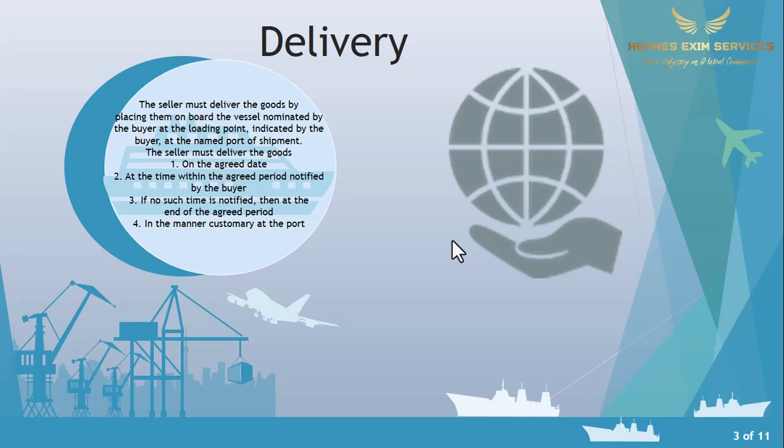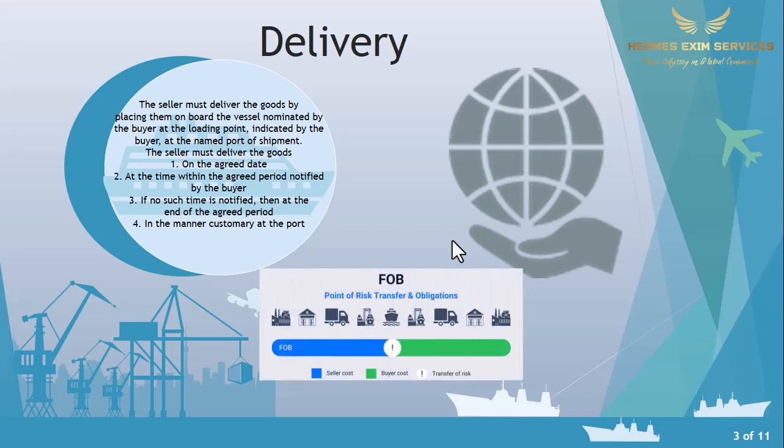If no such time is notified, then at the end of the agreed period and in the manner customary at the port. If no specific loading point has been indicated by the buyer, the seller may select the point within the named port of shipment that best suits his purpose. The buyer must take delivery of the goods when they have been delivered.